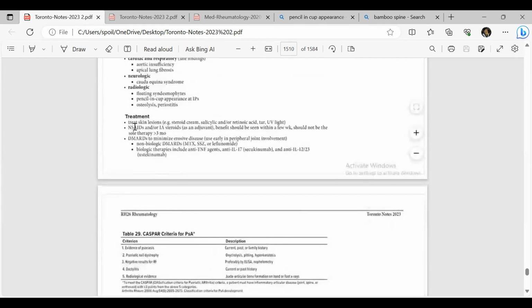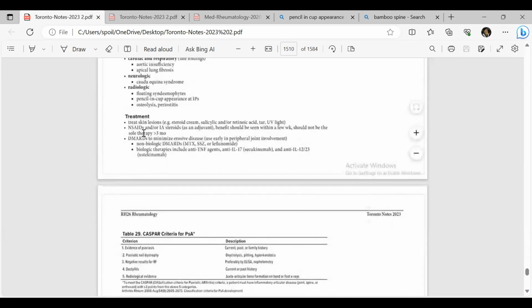The treatment is to treat skin lesions with steroid cream, salicylic acid, retinoid acid, tar and UV light. NSAIDs with or without steroids can be given, but should not be sole therapy for greater than 3 months.